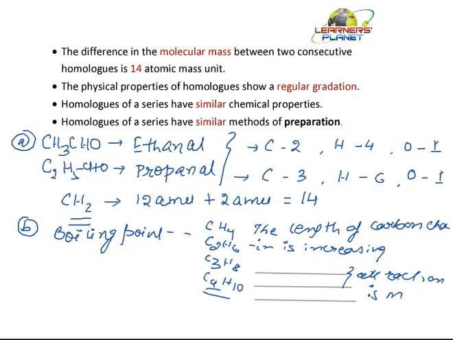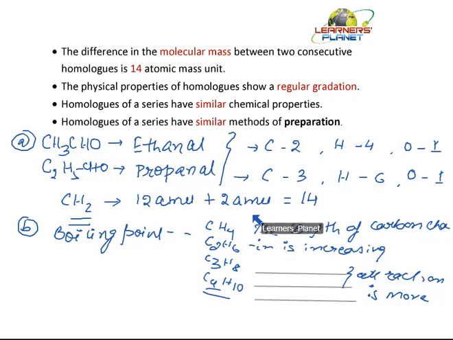When the force of attraction is more, the boiling point will be high. So when we move along the homologous series, the physical properties increase: the boiling point increases and the melting point also increases.